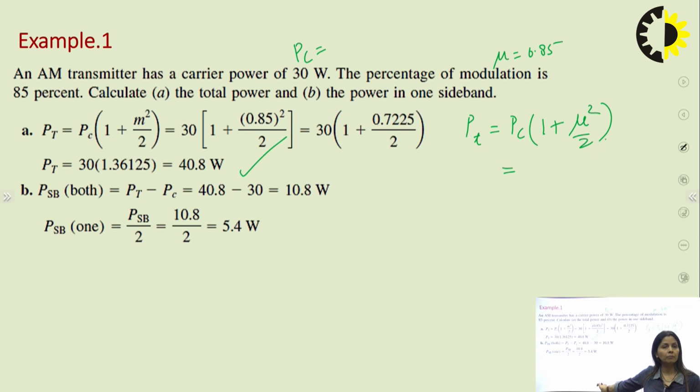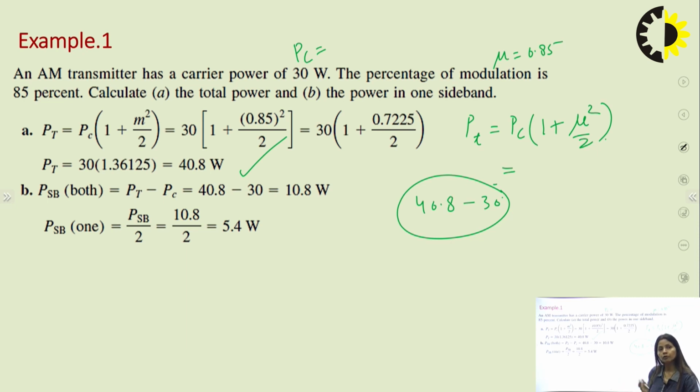The total power I have calculated is 40.8. So 40.8 minus 30 is the power in both USB and LSB. And LSB power is the same as USB power. So I will divide it by 2 to find out the power of one sideband.